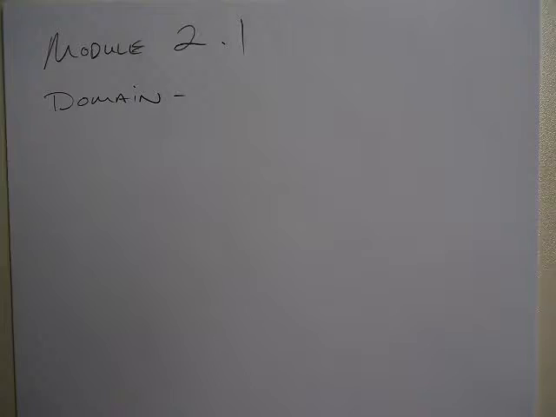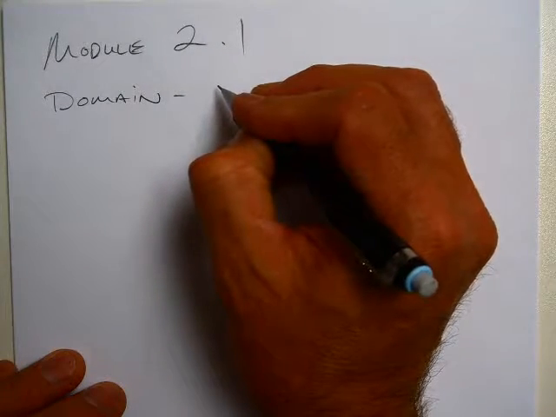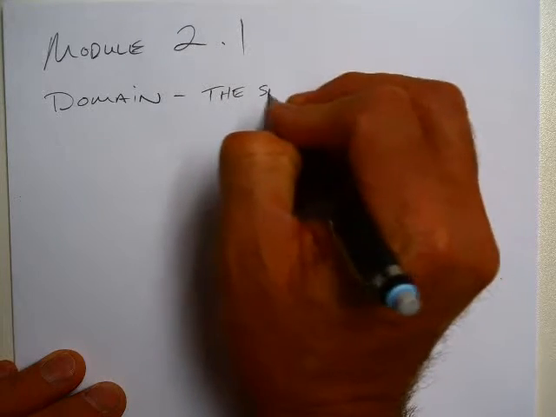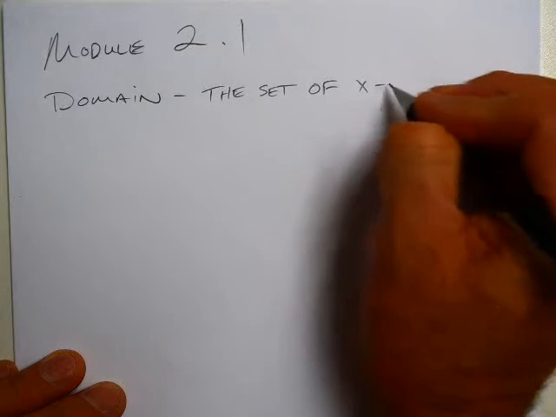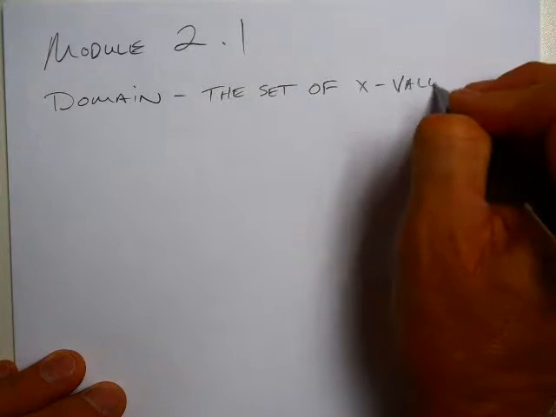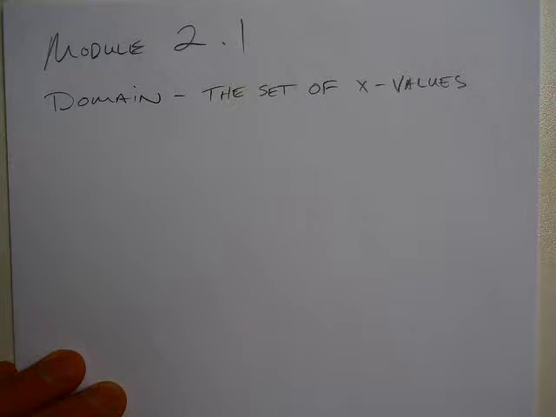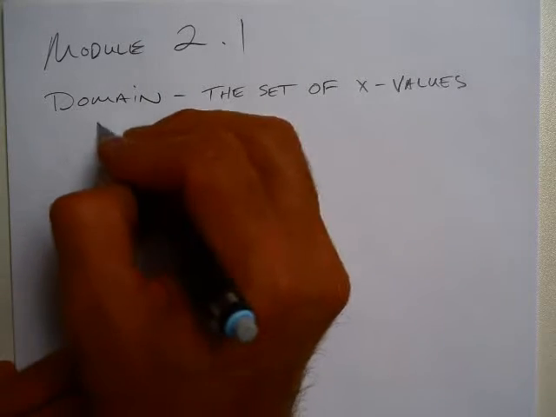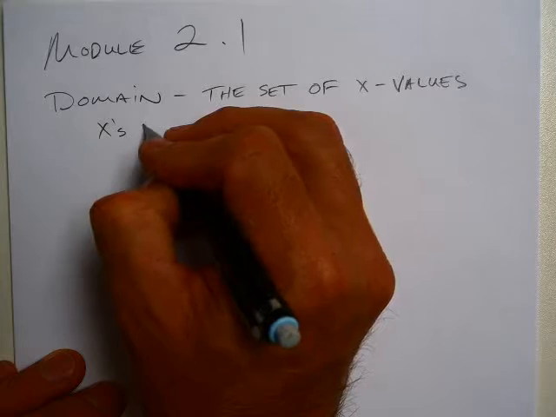That's all I'm saying. Okay, domain. This is simply the set of x values. The x values are your independent set of values.